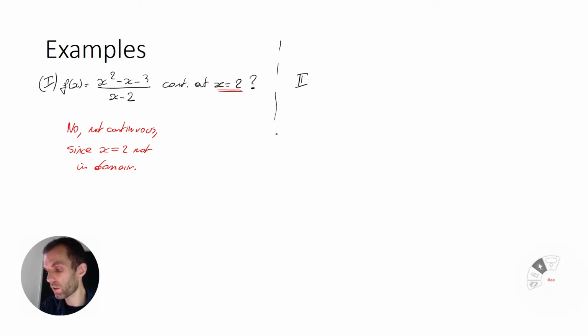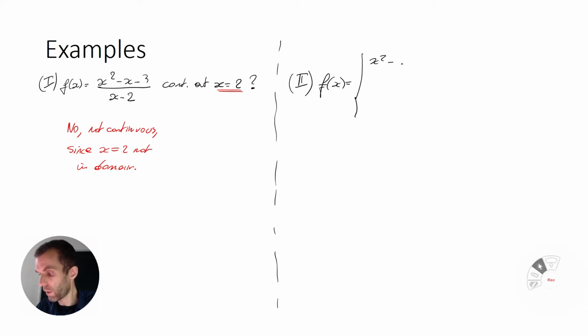For the second, let's change the function slightly so that f of x is x squared minus x minus 2 divided by x minus 2, and that's the case when x is different from 2 and is equal to 1 when x is equal to 2.